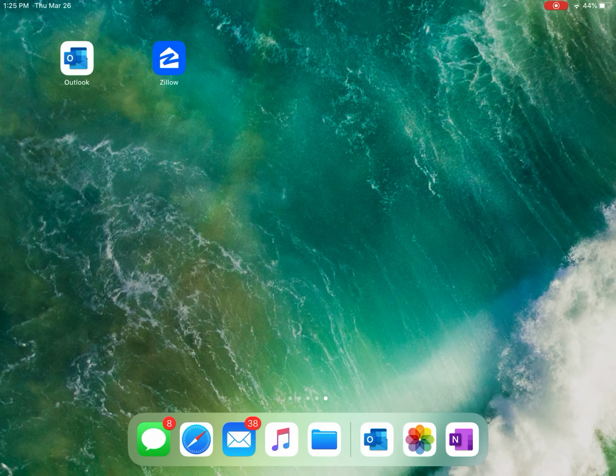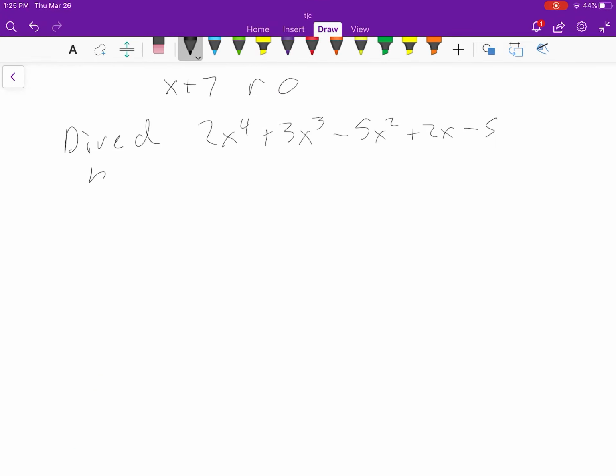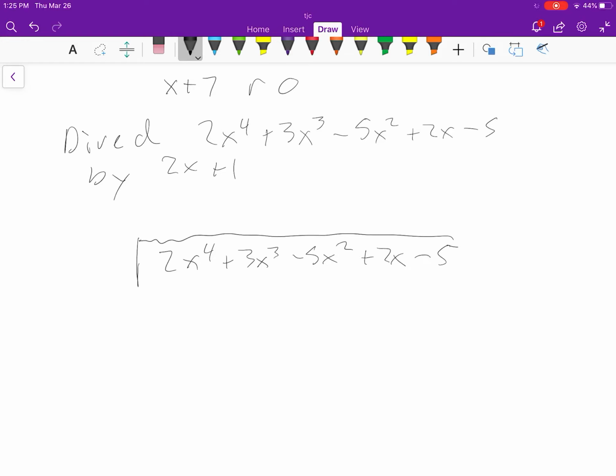We're going to divide it by 2x plus 1. So set it up. 2x to the 4th plus 3x cubed minus 5x squared plus 2x minus 5. And over here we have 2x plus 1.